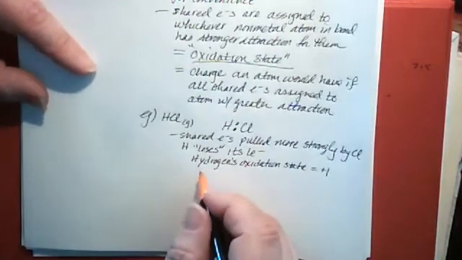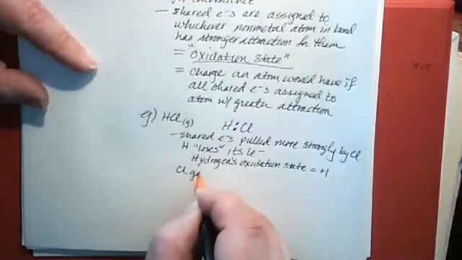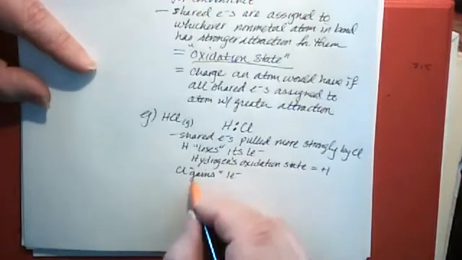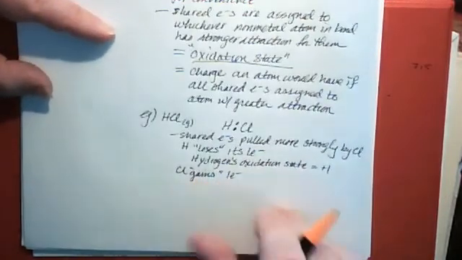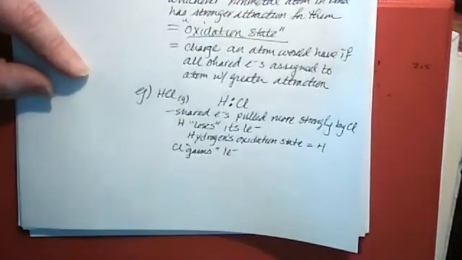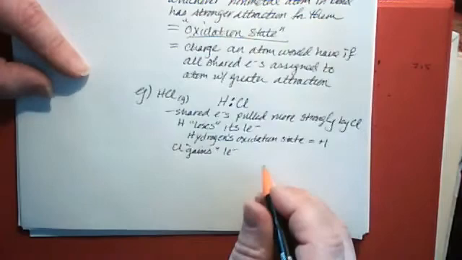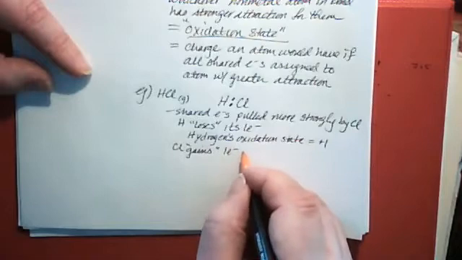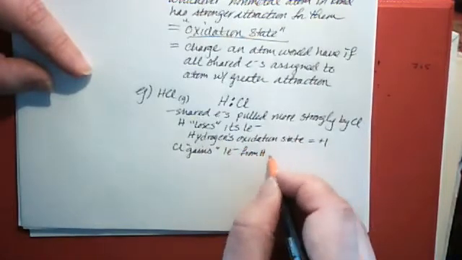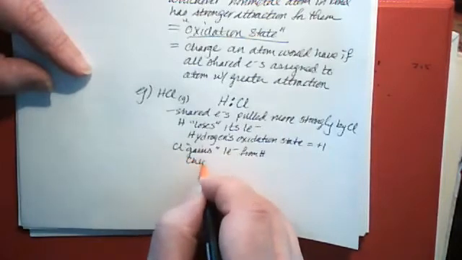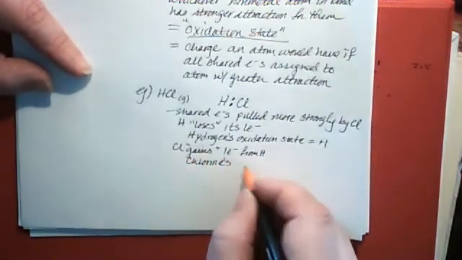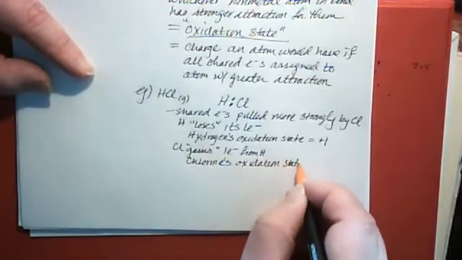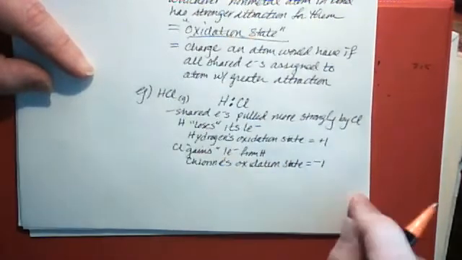And chlorine, on the other hand, gains 1 electron, but gains in quotation marks, because it's really just pulling them closer, but we're acting as if it has taken them completely away for convenience. So the chlorine gains, in quotation marks, 1 electron from hydrogen. And so chlorine's oxidation state is given as -1.